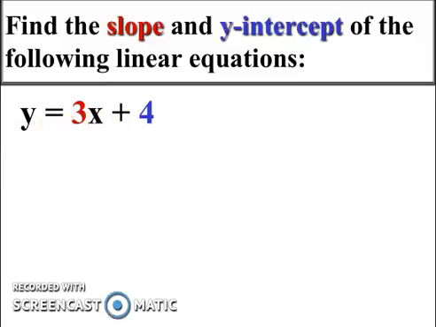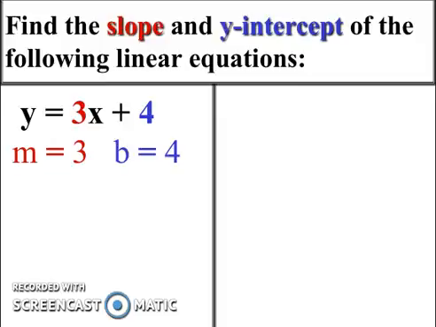In this case, our slope, represented by the letter m, is 3, and our y-intercept, which is represented by the letter b, is 4. And once we find our slope and the y-intercept, it will be very simple to graph. But it is important to find the slope and the y-intercept first and then graph.